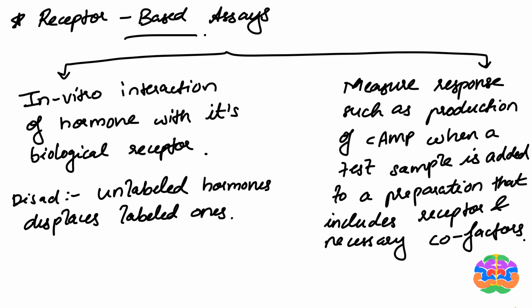Here, either the assay is done in vitro with interaction of hormones with its biological receptors, or it will measure response such as production of cyclic AMP when a test sample is added to a preparation that includes receptors and necessary cofactors. The disadvantage with in vitro method is that unlabeled hormones will displace the labeled one.